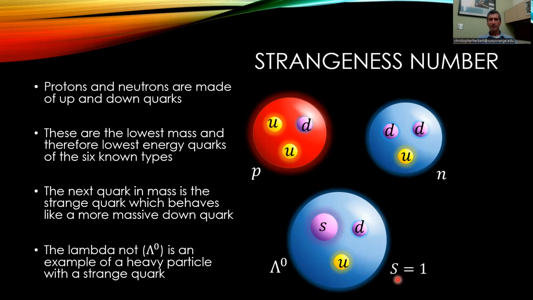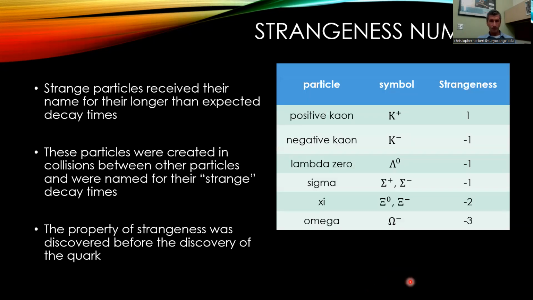It's hard to go into this stuff in an introductory course, but it was soon discovered that we were smashing particles together, and these particle accelerators were producing more and more massive particles with new properties. And one of the new properties that was seen to be conserved was this idea of strangeness.